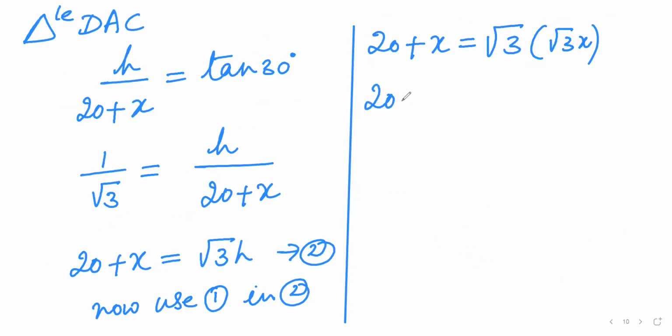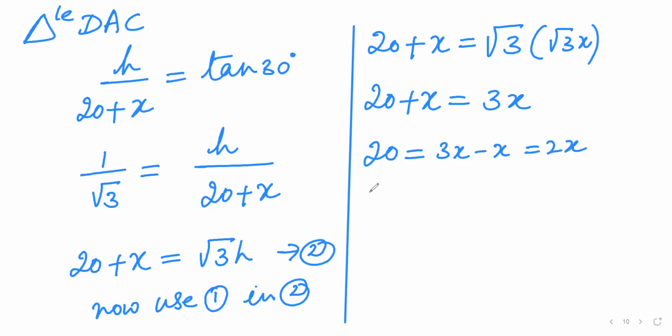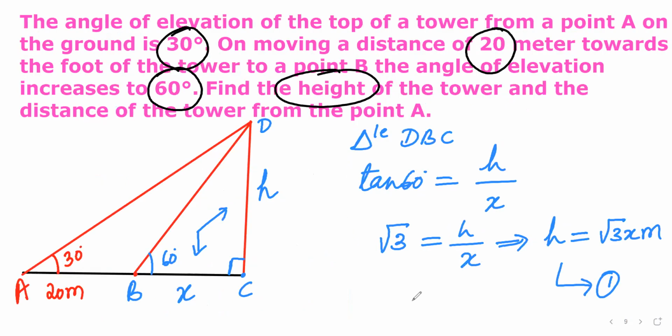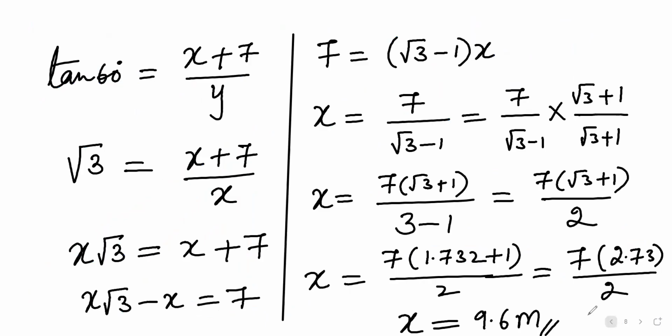So 20 plus X equals root 3 into root 3 X, and the square root and square get cancelled. So that is 3X. Now 20 equals 3X minus X, that is 2X. So 2X equals 20, then X equals 20 by 2, that is X equals 10 meters. Right?